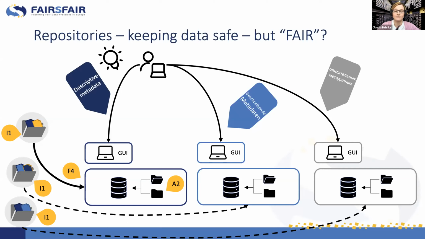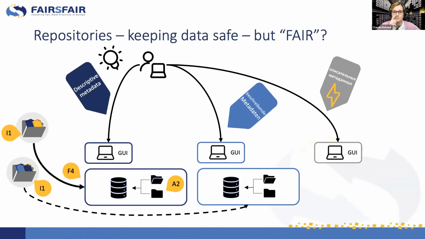It says a language, but it doesn't specify which language, and for good reason, because the many different languages the metadata can be exposed in have advantages and disadvantages. But if I, as a researcher, don't know a certain language or a certain metadata model, I might have trouble finding a data set. Or even worse, if I don't understand at all that this metadata is there, it's just lost for me.